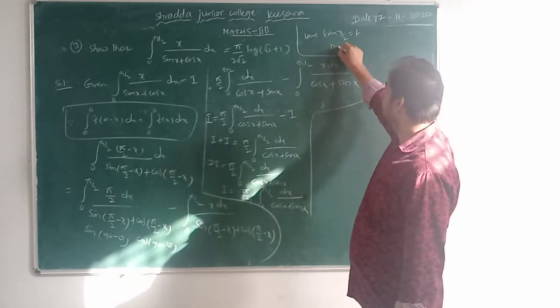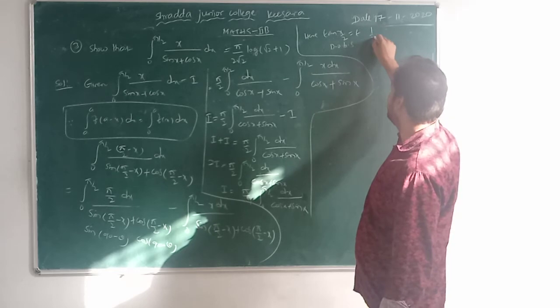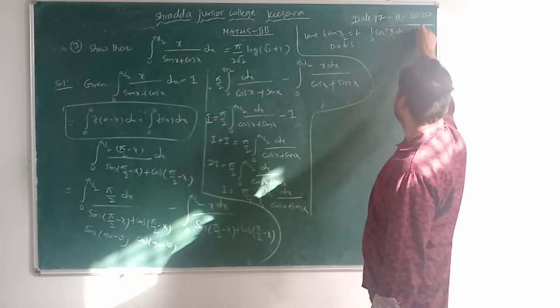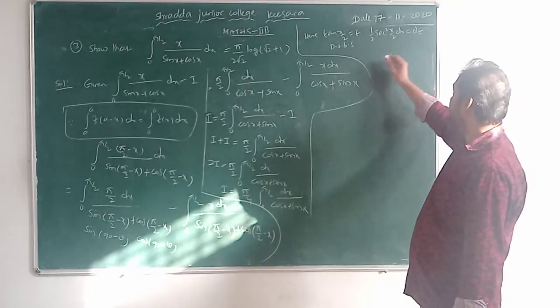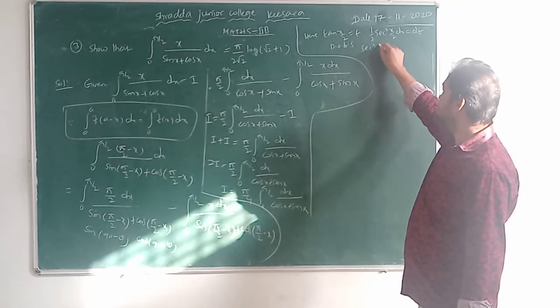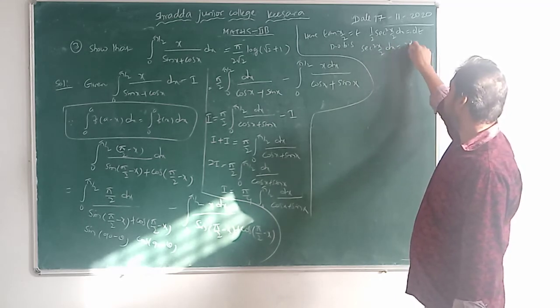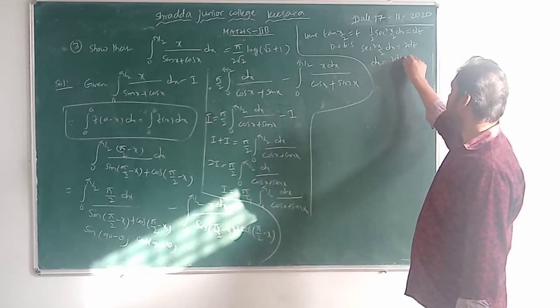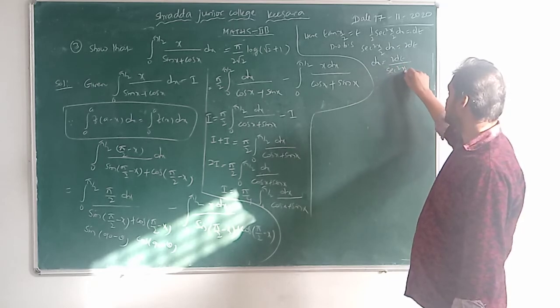Then differentiating on both sides, what we get here is 1 by 2 sec square x by 2 dx equals dt. Now sec square x by 2 dx equals 2 dt. Now dx equals 2 dt by sec square x by 2.